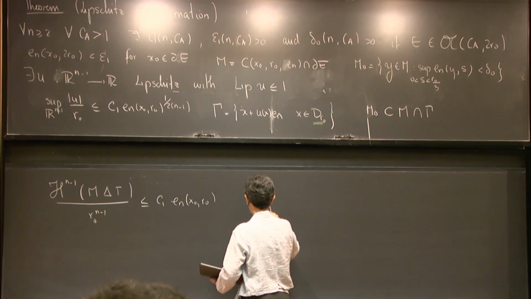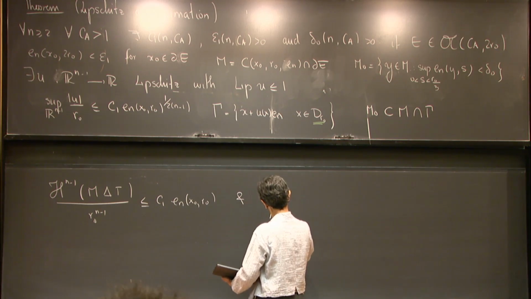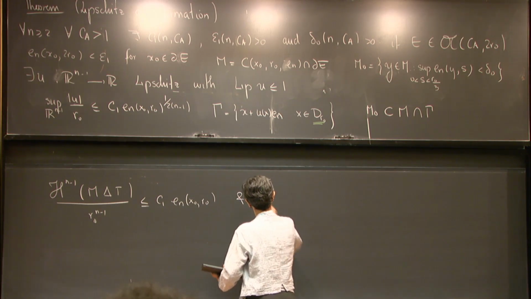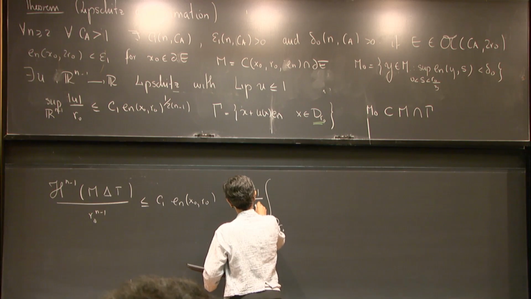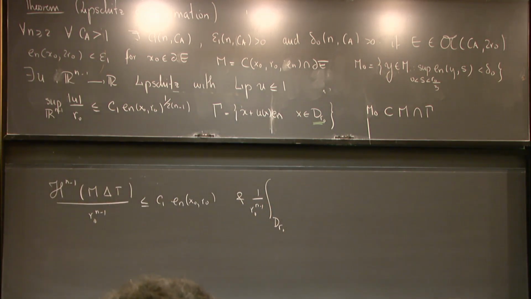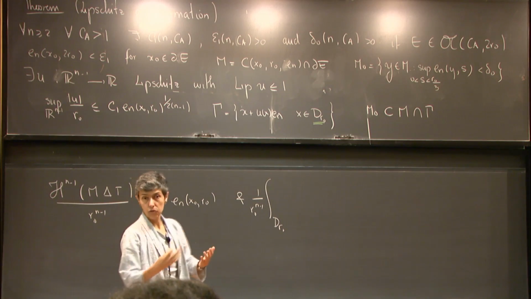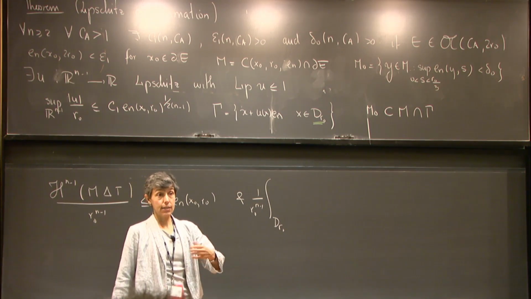And moreover, my Lipschitz function has Lipschitz constant less or equal than 1. On the other hand, if you look at its gradient, the Lipschitz constant is roughly the sup of the gradient. So the sup of the gradient is less or equal than 1.